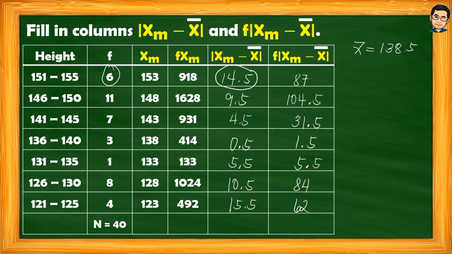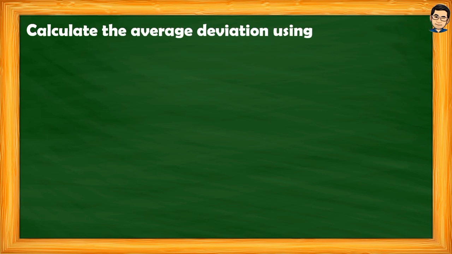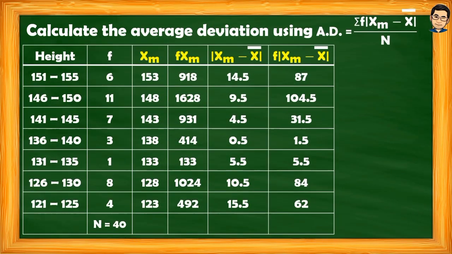Okay, next. So, yung last column natin, i-add lang natin. Kunin natin yung summation. Okay. So, that is 87 plus 104.5 plus 31.5 plus 1.5 plus 5.5 plus 84 plus 62 will have a sum of 376. Now, we will calculate the average deviation using the formula.